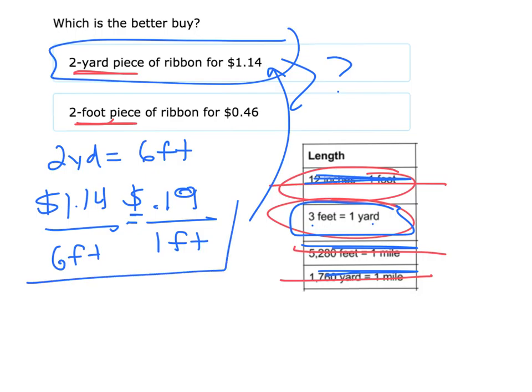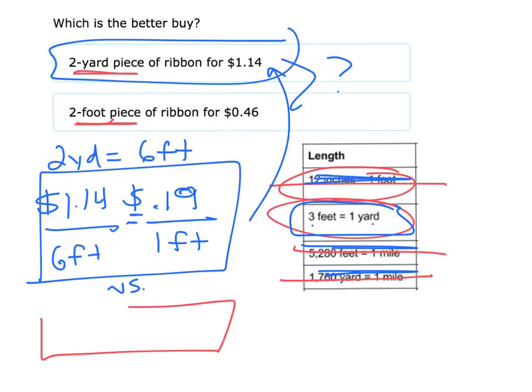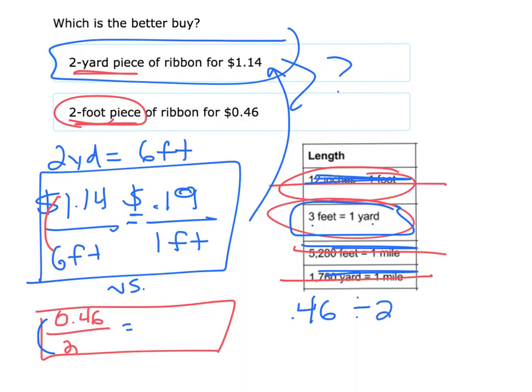And so that compared to, or versus, 2 feet for 46 cents. So we don't have to convert here. We already know how many feet this is. So it's just 0.46 divided by 2. So again, we're using our calculator, this number divided by this number. Well, if you can do the mental math, you know that's 23 cents, right? Cut 46 in half, you get 23.